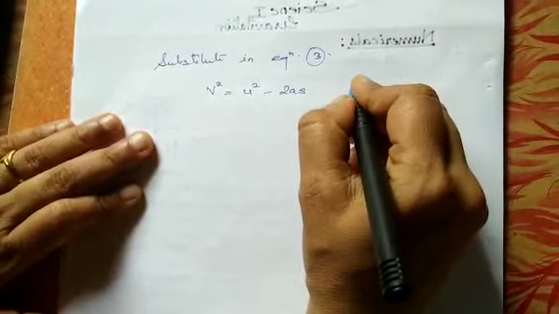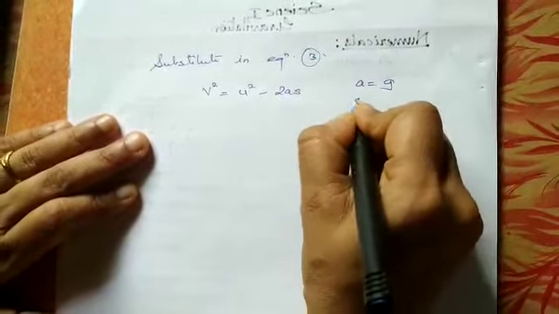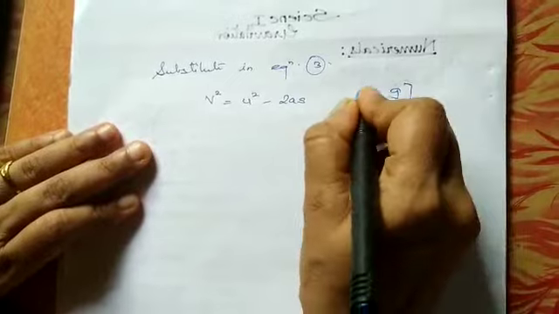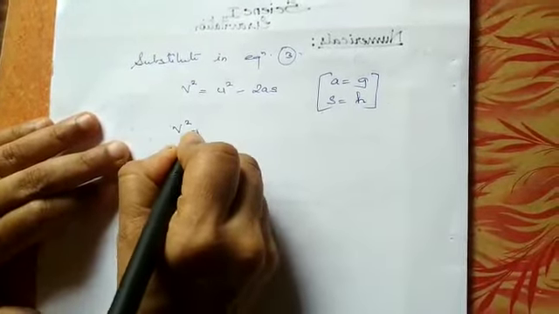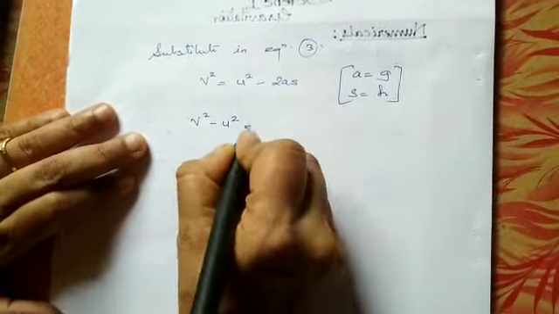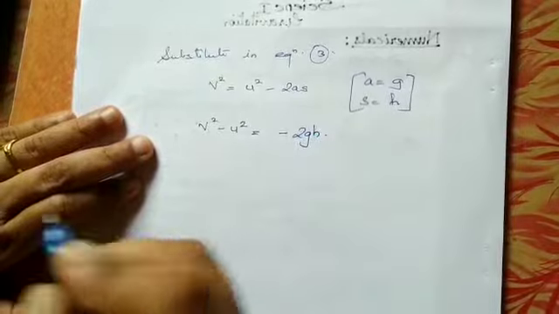We will substitute A is equal to G and S is equal to H, that is height. So V square minus U square is equal to negative 2gh.